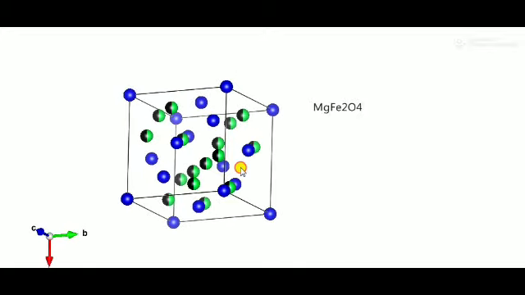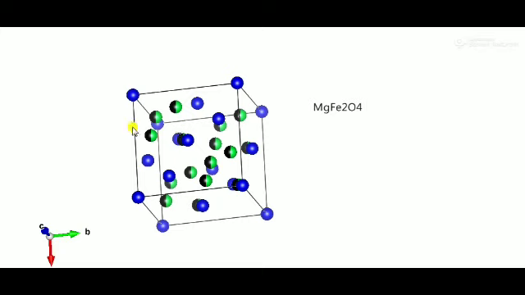Inside this cube there is a combination of magnesium and iron, because as I already told you, the black and green show the combination of iron and magnesium. These two atoms combine at the same place and produce an octahedral geometry.